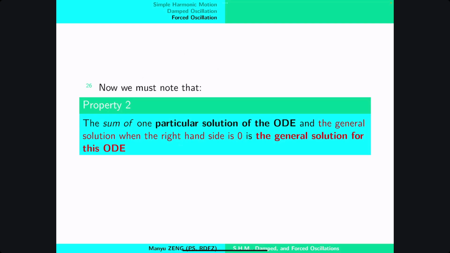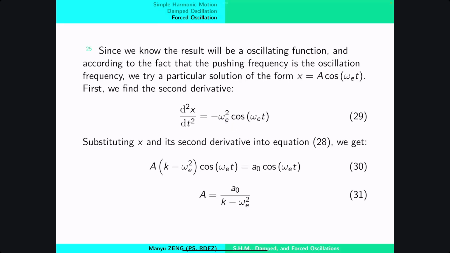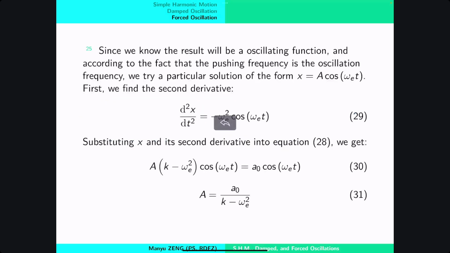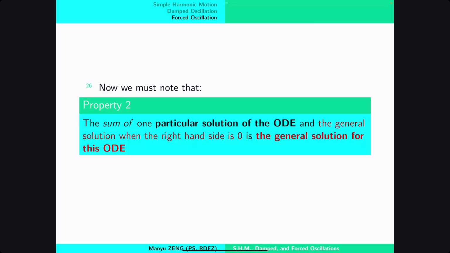The general solution is decomposed into two parts. The first part is the particular solution that we found before, x equal to a times cosine omega e t, and a is expressed in equation 31. The other part is the general solution when the right hand side is zero. That is also easy: it turns into a simple harmonic motion, which we have met before.